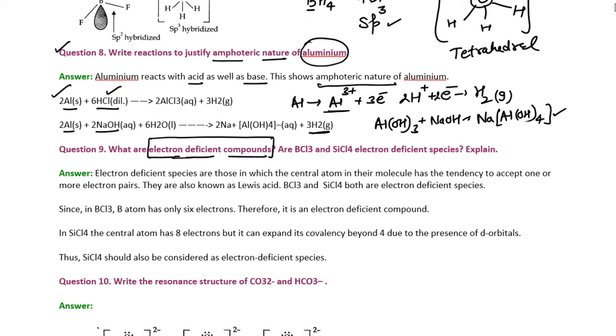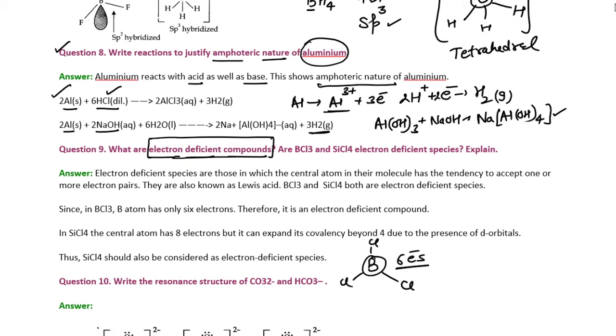Now let us see BCl3. It is quite obvious that it is electron deficient because it has only 6 electrons. We have done so many times.